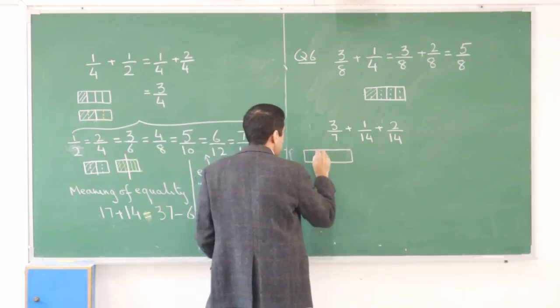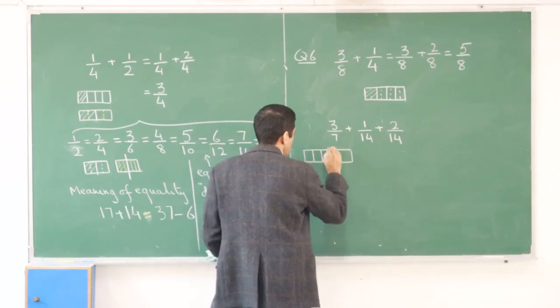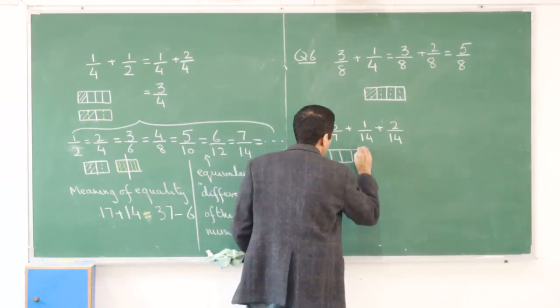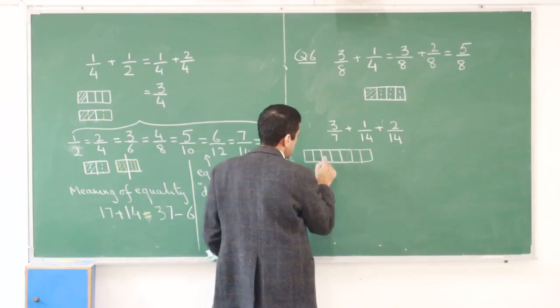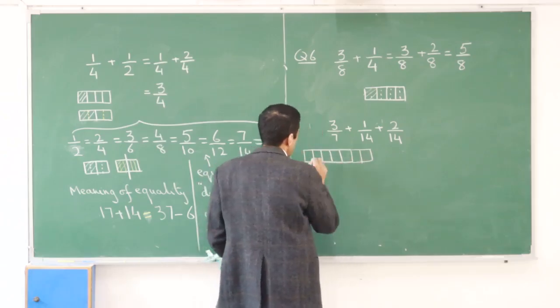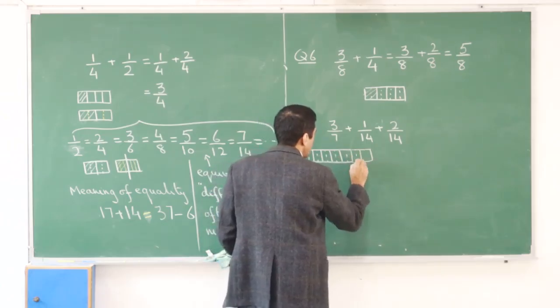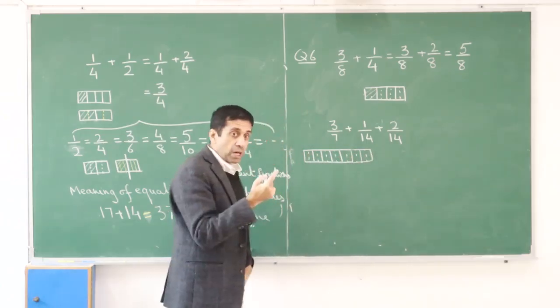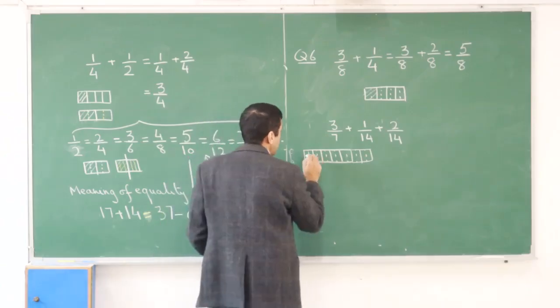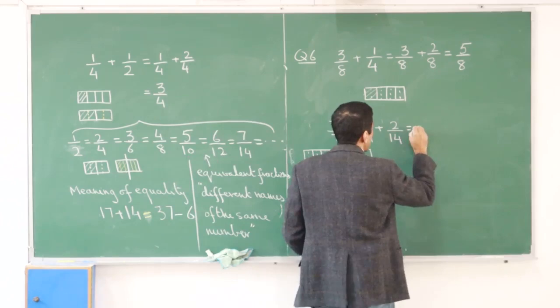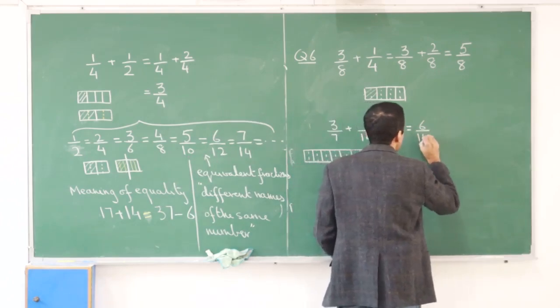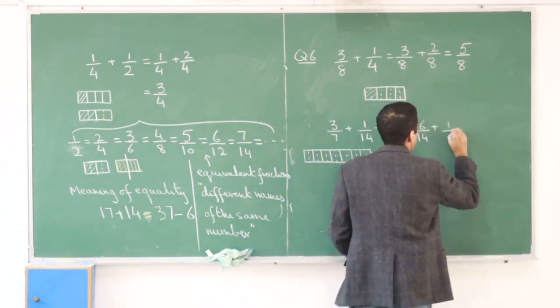We have 7 pieces, 1, 2, 3, 4, 5, 6, 7. We are going to split each one of them into 2 equal pieces. So 7 2s are 14. Now if you pick 3 of them, that means we're going to pick 6 of them. So this will be equal to 6 over 14 plus 1 over 14.